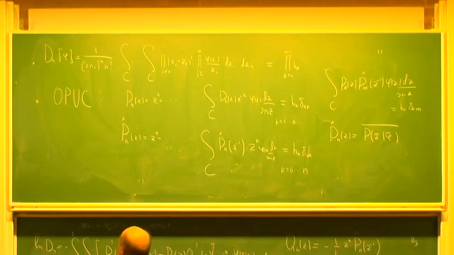Now, what are the classical results about asymptotics?